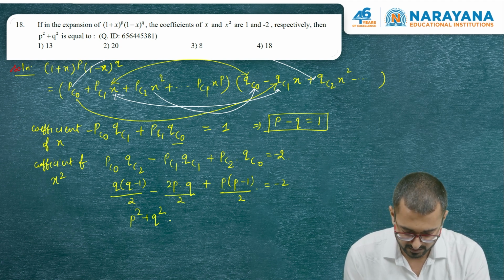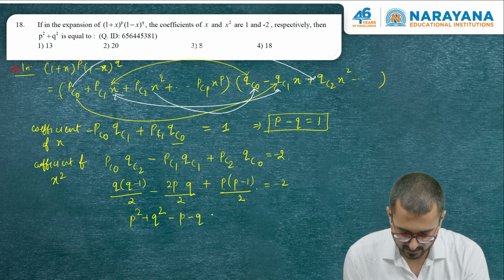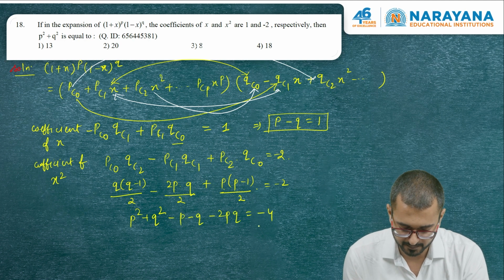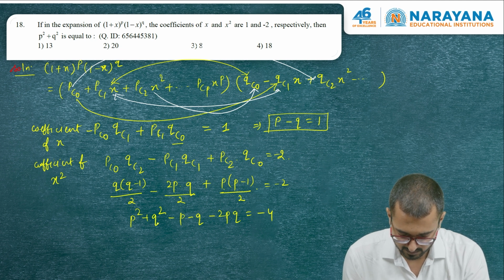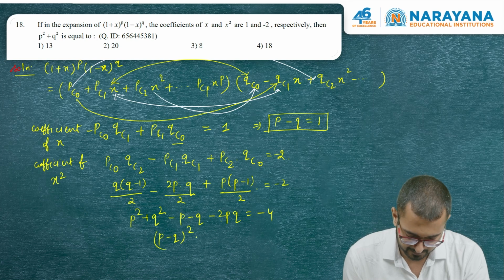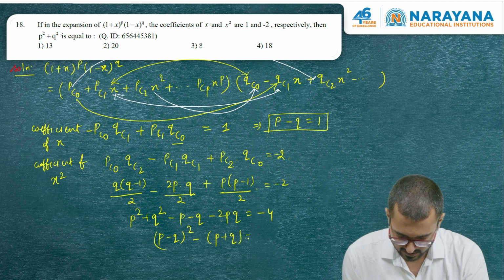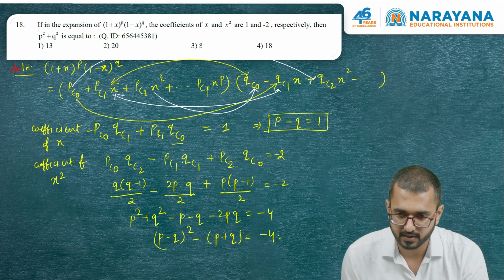So p square plus q square minus p minus q minus 2pq is equal to minus 4. So this is p square plus q square minus 2pq, which will give me p minus q square, and then minus of p plus q is equal to minus 4, right?